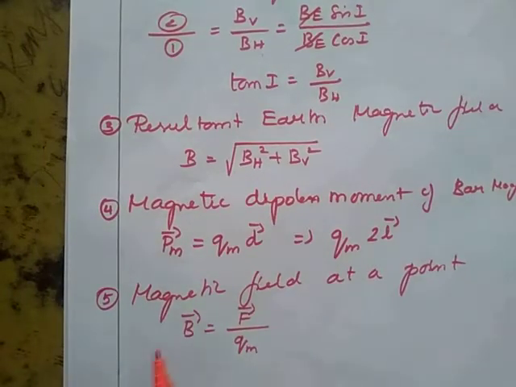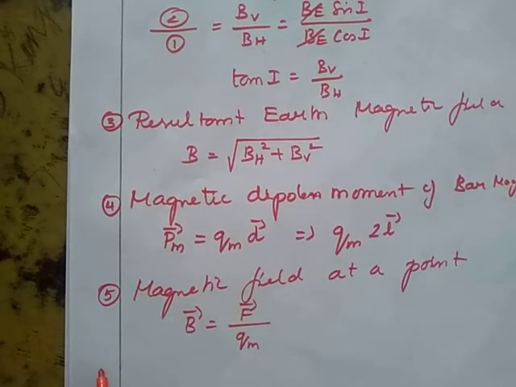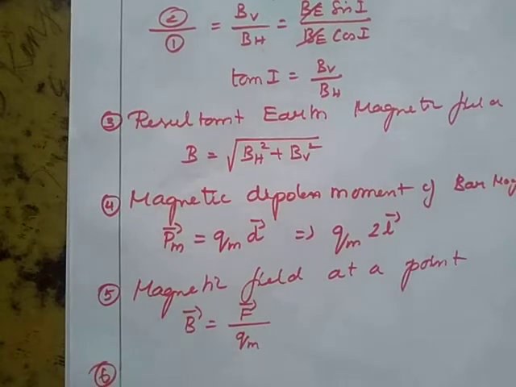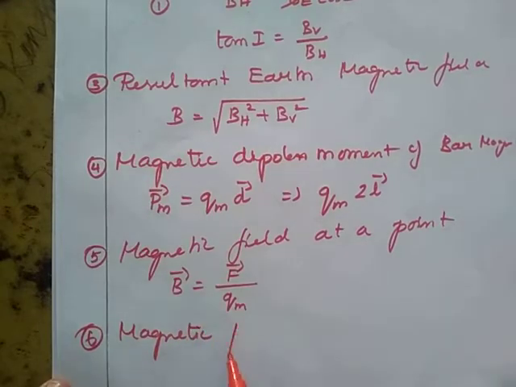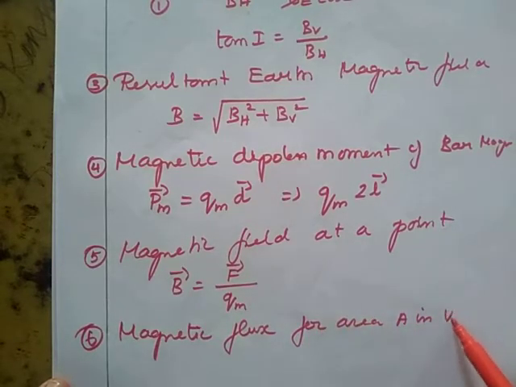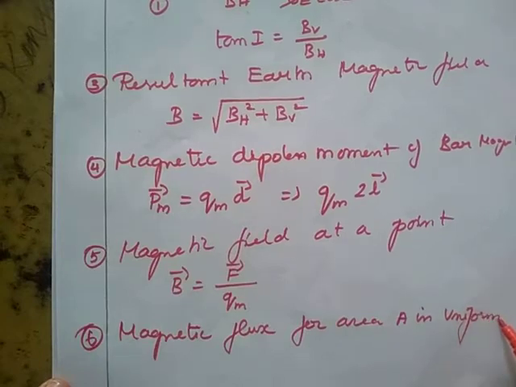Okay, then let me see the magnetic flux. That is for an area A, here we consider a uniform magnetic field.